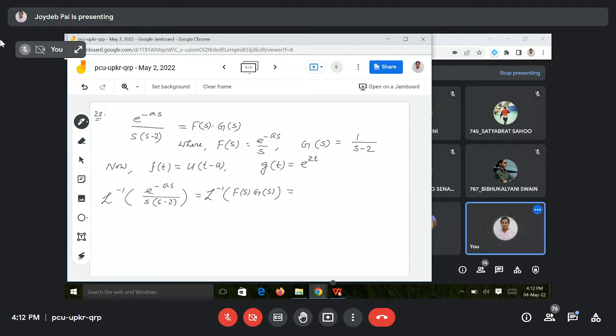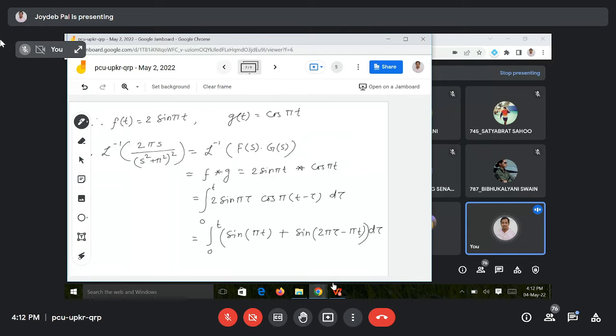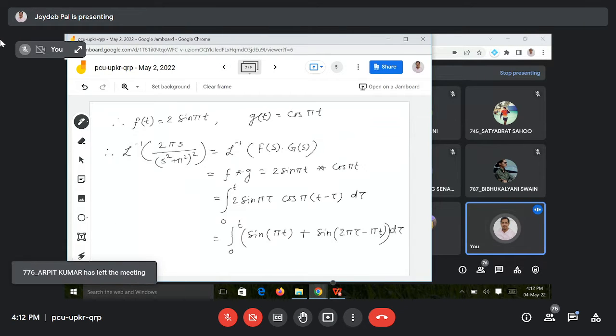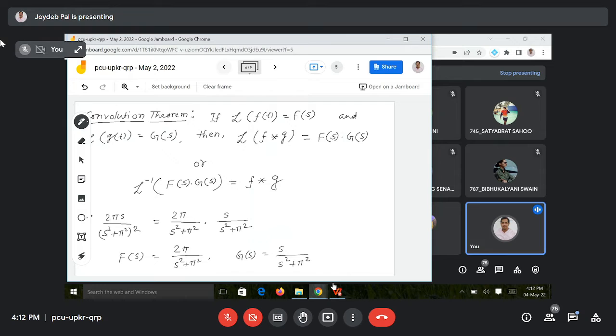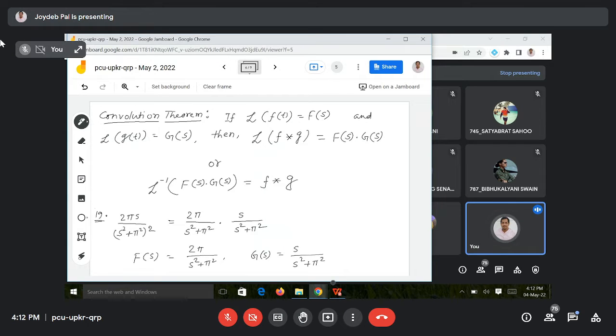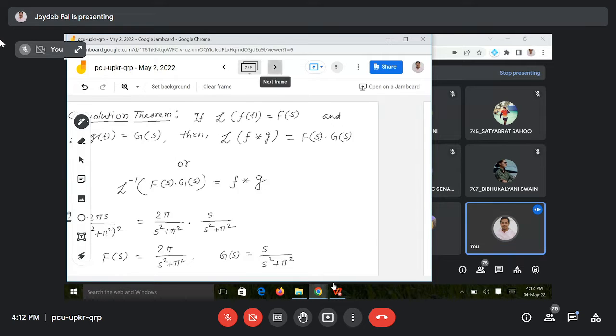Last class we have written, you can check, the Laplace inverse of F(s) into G(s) is f star g, by this convolution theorem formula. So the Laplace inverse of F(s) into G(s) means the convolution of f and g.